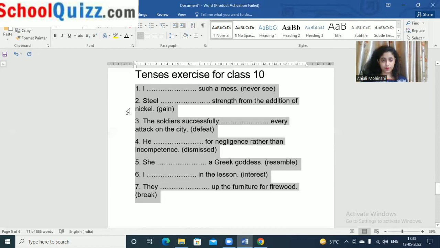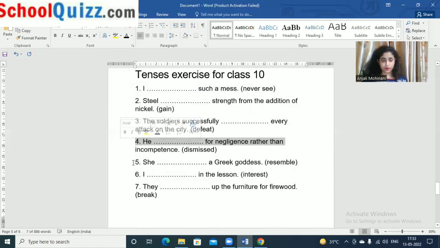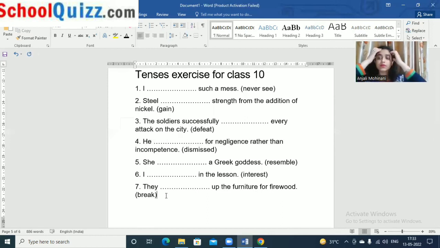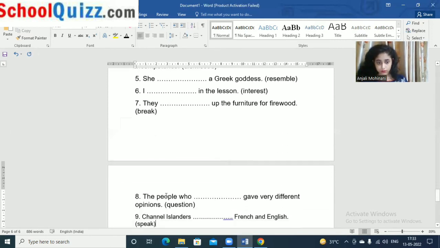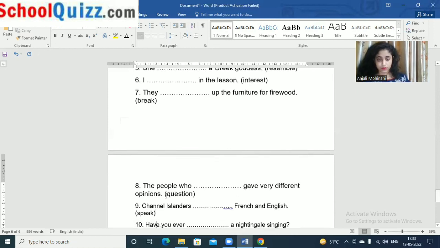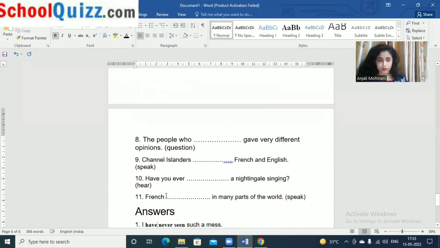Clear now? Write down the sentences fast.